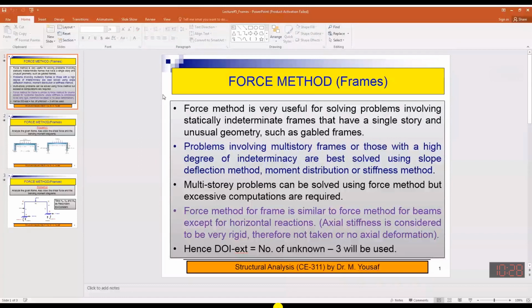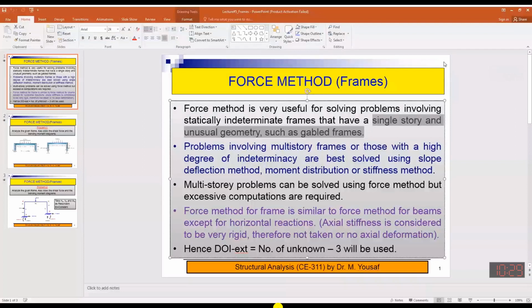So force method is very useful for solving the numericals involving statically indeterminate frames which have a single story. It should be noted that force method can be applied to simple geometry, simple frames like a single story frame. If there is a multi-story frame, then for that we need to use the slope deflection method, due to the methodology that is adopted.